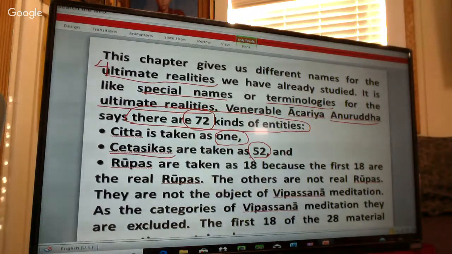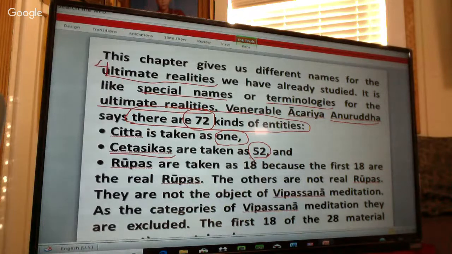And then Phassa, Vedana, Sanya, perception. According to perception, we have many different memories. Because Sanya perceives different shapes, different colors, round or rectangle, red, white, yellow, many.